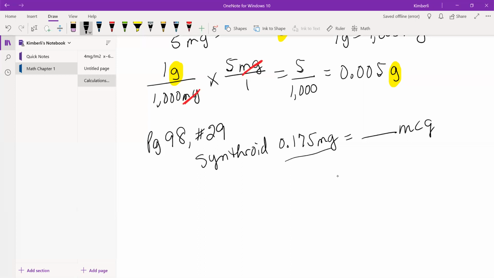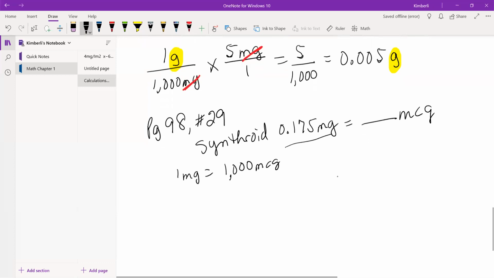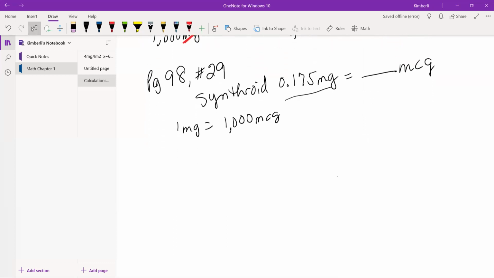Okay, so our conversion factor here: 1 milligram is equal to 1,000 micrograms. Okay, so I want to end up with milligrams. Oh, no, I don't. Look at that. I don't want to end up with milligrams.